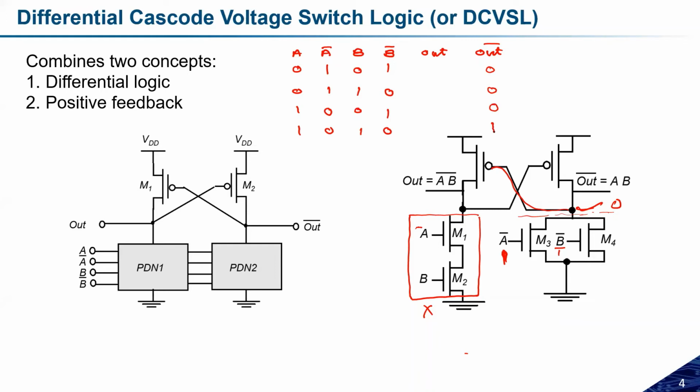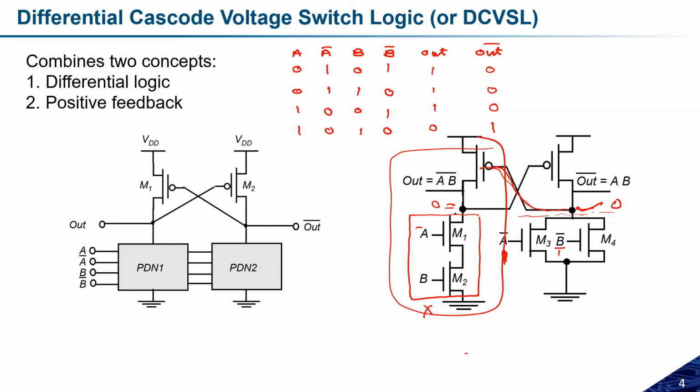If you see here, if both are on, then this will be 0. So this will be 0 if A and B are equal to 1, and for other cases it will be 1 1 1. If this is 0, it will activate this one and this logic will work.